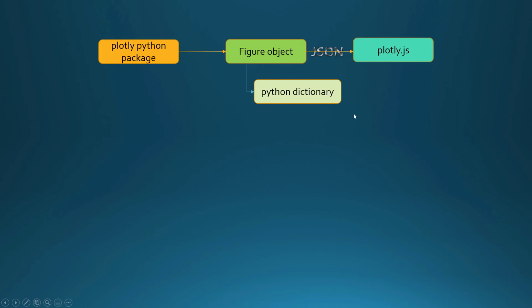Now this is a very rudimentary way of creating figures, which is not recommended at all, but it is good to know. And one thing you need to remember is every figure object has a corresponding structure, which we'll be discussing in the next video. It is a defining structure you have to maintain when defining the figure object in your Python program, and it will be more important when we define it as a Python dictionary as well.